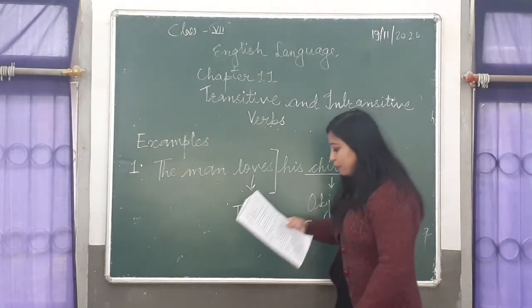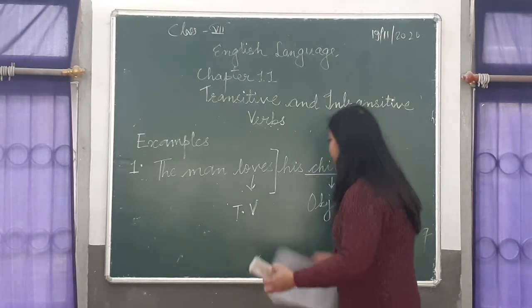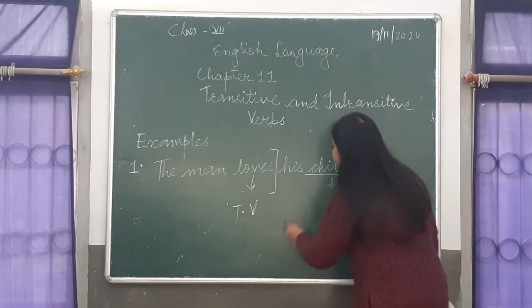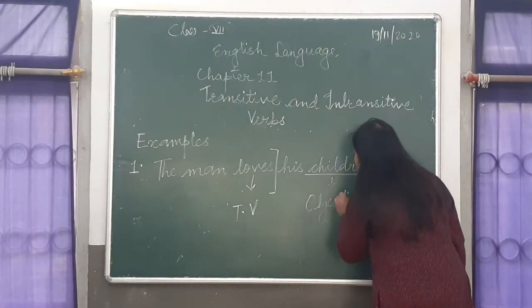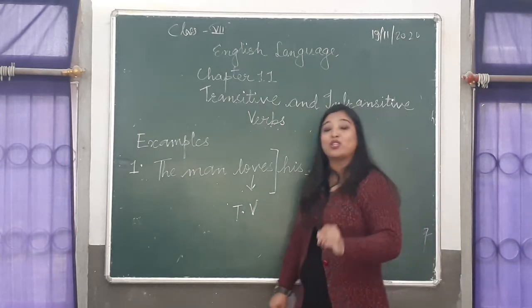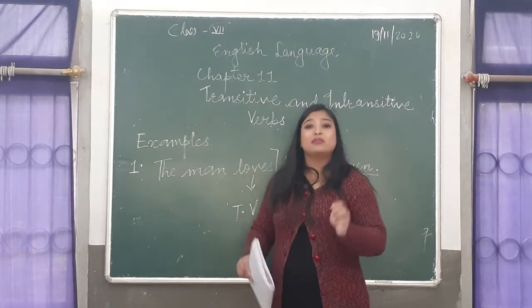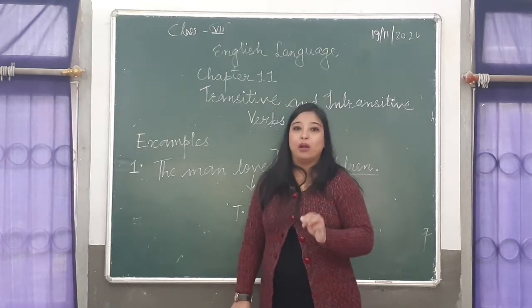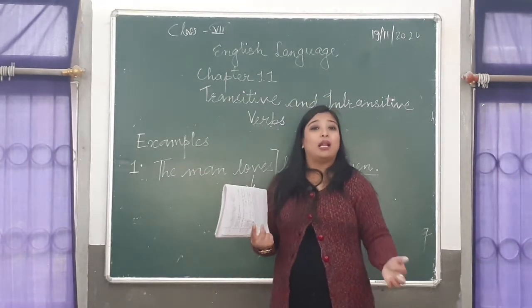Okay, another example I'm going to give you. It is asking the question, what? The man loves what? Or whom? When you ask the question whom or what, that is known as the transitive verb. Just remember, what or whom. The man loves what? His children. Or the man loves whom?